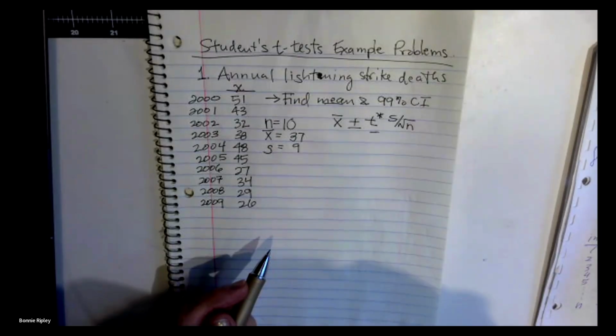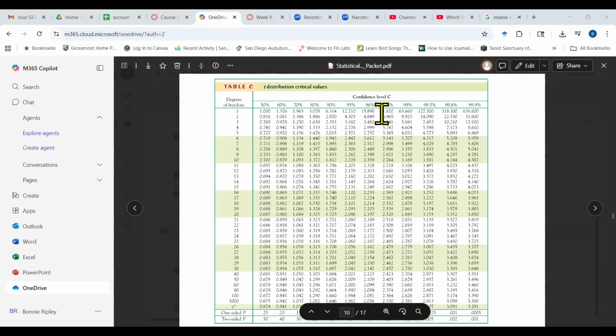If you haven't looked at this yet, it's really easy to use for confidence intervals because what it gives us is the critical values. Those are the t stars. And the confidence levels are right across the top. So all we need to do is go across the top and find the column for 99%.